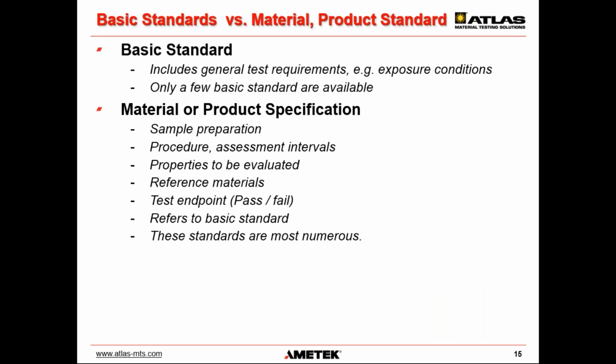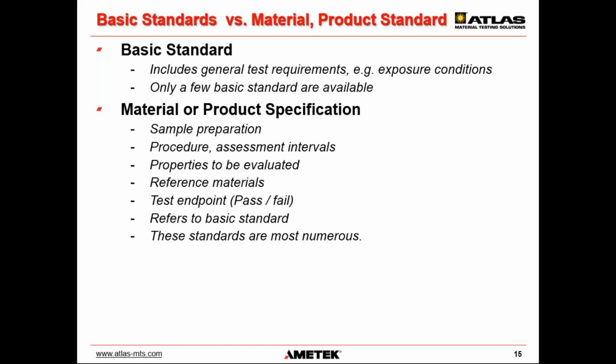So in weathering, as I mentioned in the introduction, there are two general classifications of standards. We have basic standards and we have material or product specifications. A basic standard includes guidance on general test requirements and provides the general exposure conditions, as well as specific guidance on the operation, maintenance, and upkeep of the actual weathering devices, or on performing natural exposures outdoors.